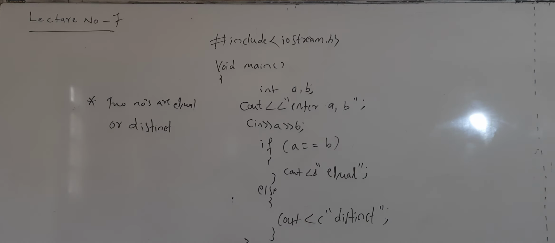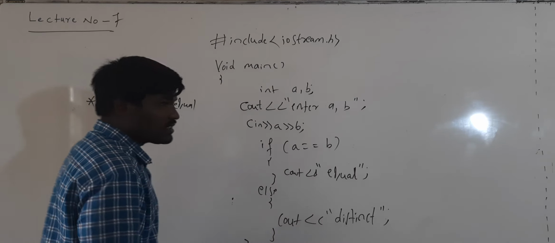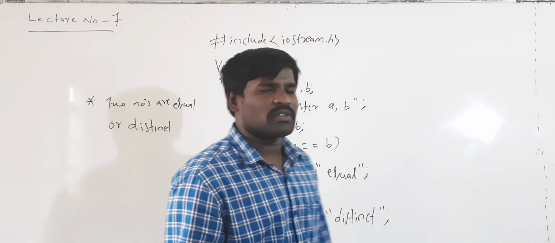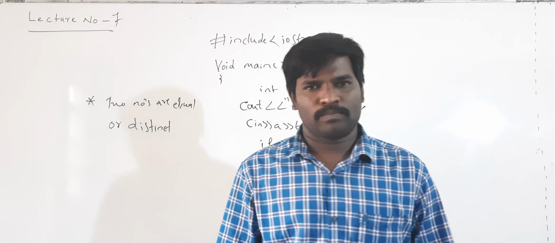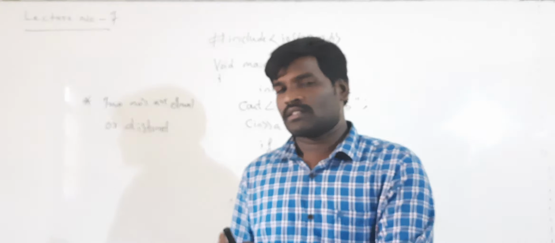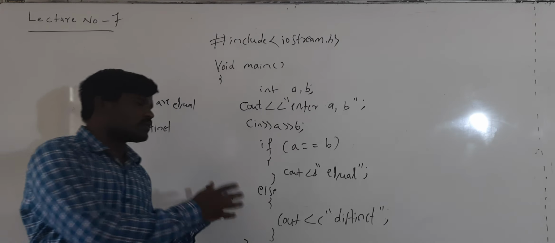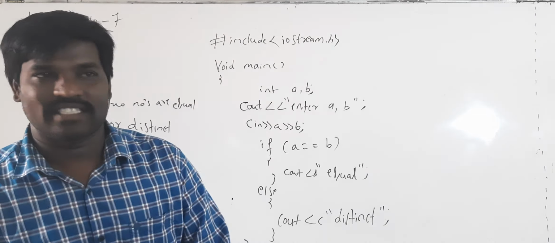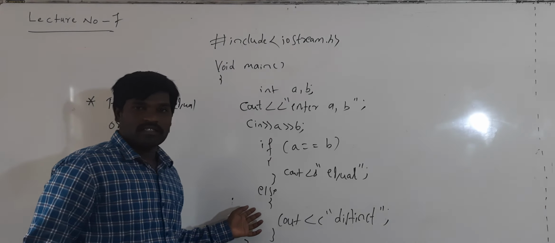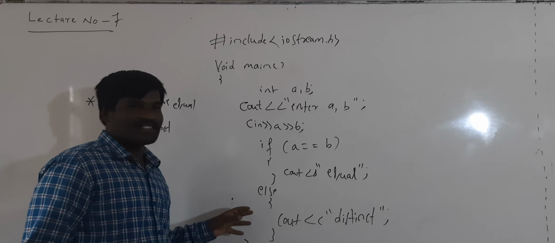So this is an example of if and else. There are so many examples. If you consider any formula or any concept, and you want to apply conditions, we compulsorily use if and else. But here one drawback is there.